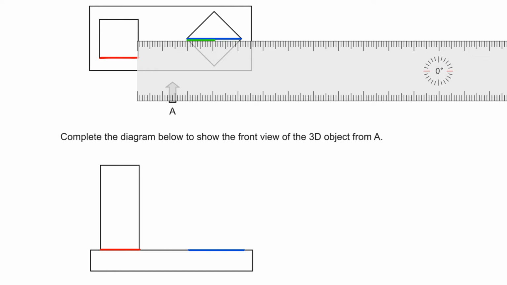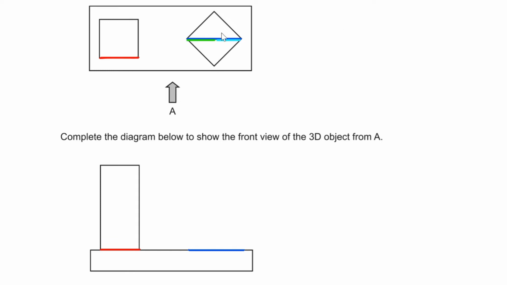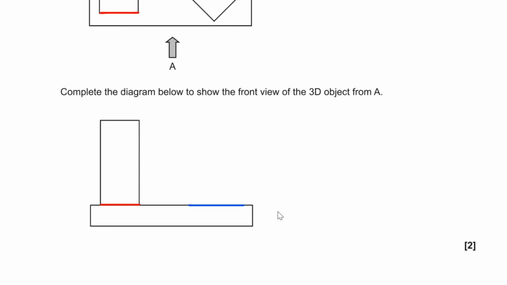And then we've also got a similar situation over here. So we've essentially split this up into two bits from the front view. So we have to do the same thing over here by dividing this by 2, and the height, well, it doesn't really matter what that is, as long as we're consistent. So let's just bring it up to here.